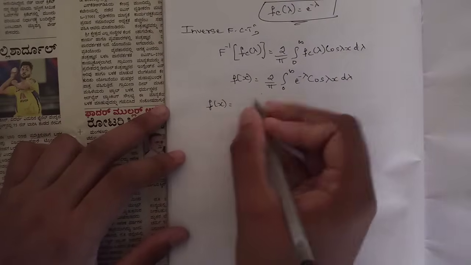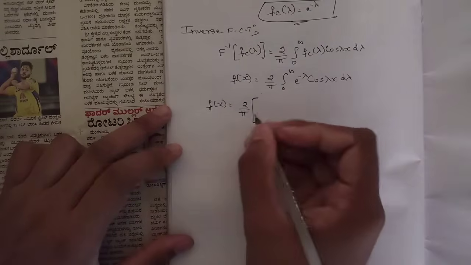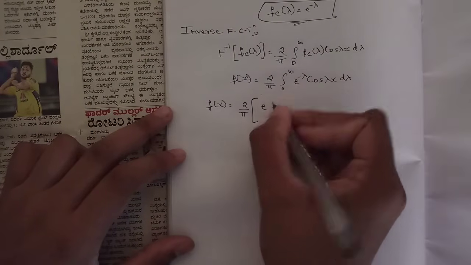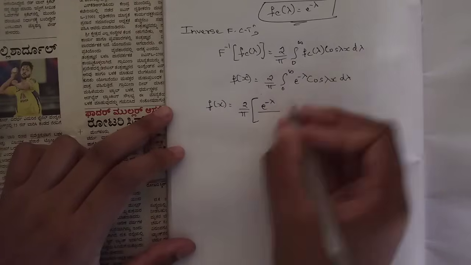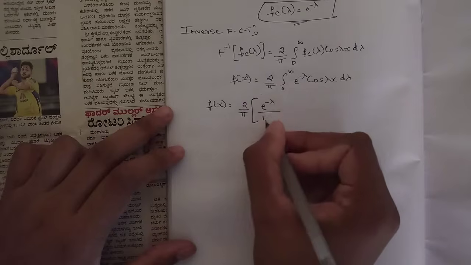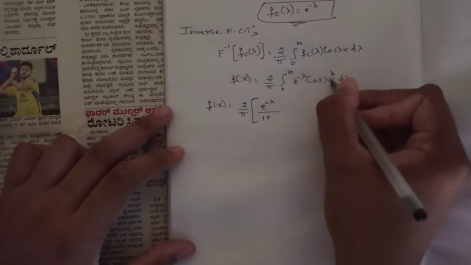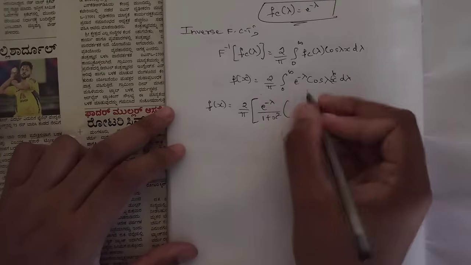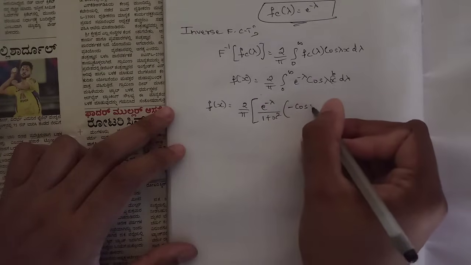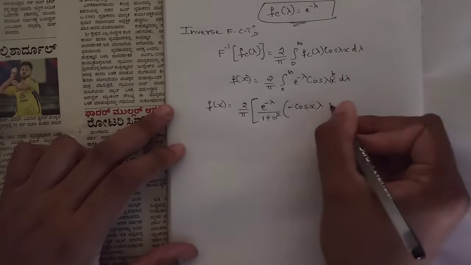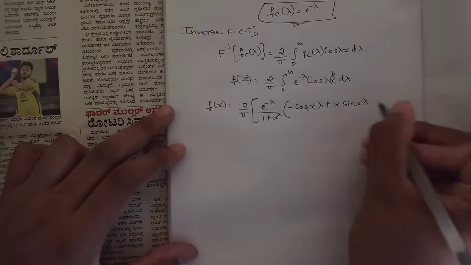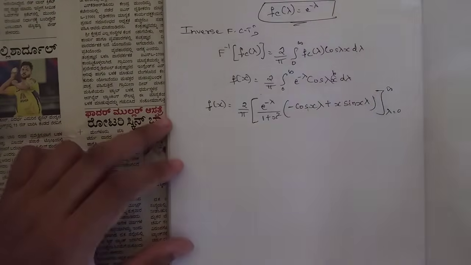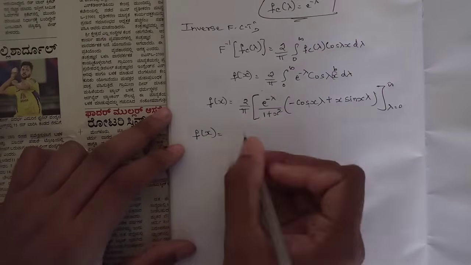If we substitute the formula here, we get 2 by pi into e to the power ax, where x is replaced by lambda here, and the value of a here is minus 1, so e to the power minus lambda divided by a squared plus b squared, which is 1 plus x squared, since the value of b is x, into minus 1 times cos x lambda plus x sin x lambda, with limits from 0 to infinity of lambda. So now the same thing as the previous problem we are going to solve.